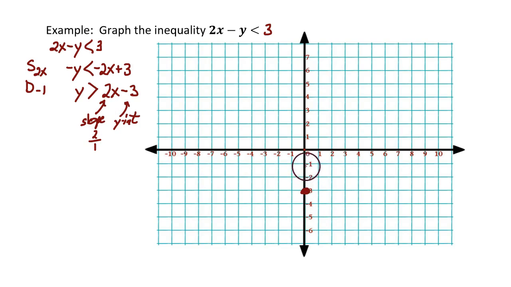So from the dot, rise 2 and run 1. Rise 2, run 1. Before we draw that in, let's determine if that's a solid or dashed boundary line. Look at the symbol in the open sentence. Solid or dashed? It's dashed.